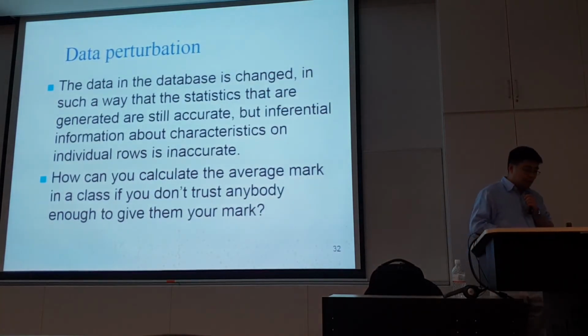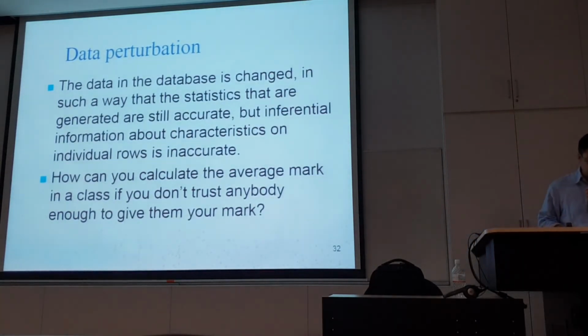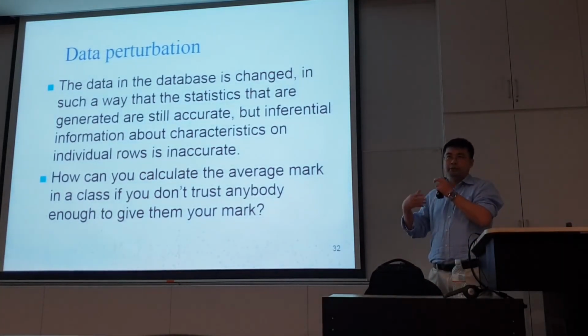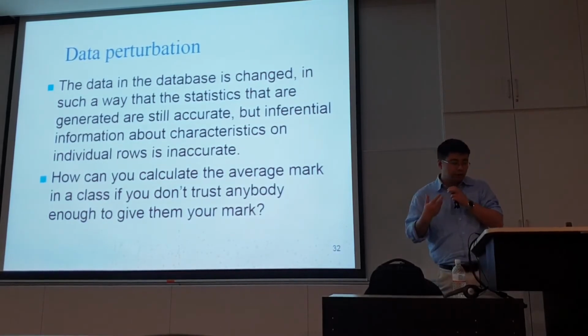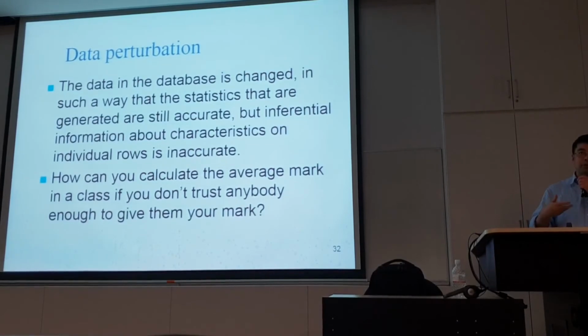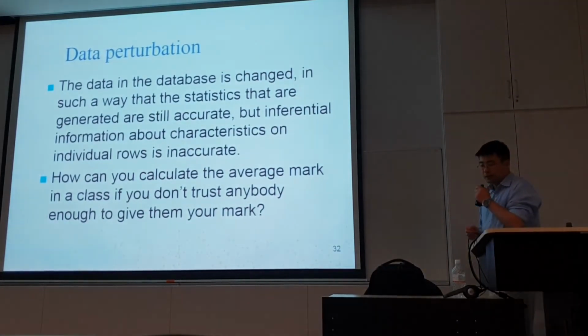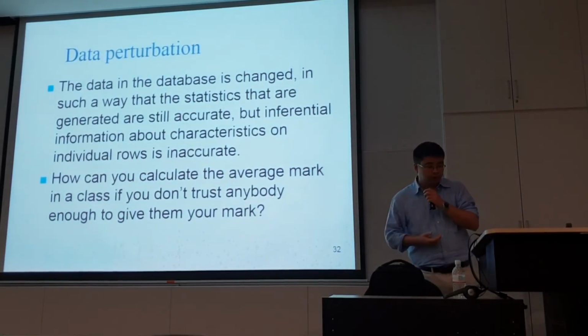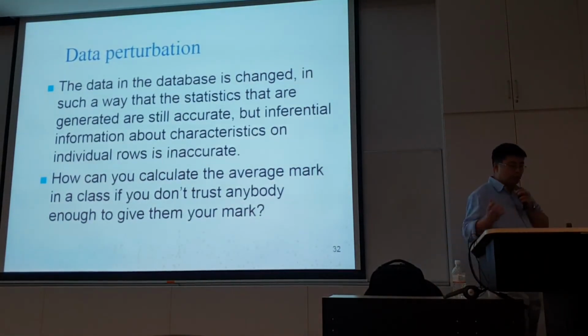And then the second approach is data perturbation. This data perturbation means we try to perturb the data within the database, right? So in this case, we try to maintain accurate statistics, but individual records are not maintained.